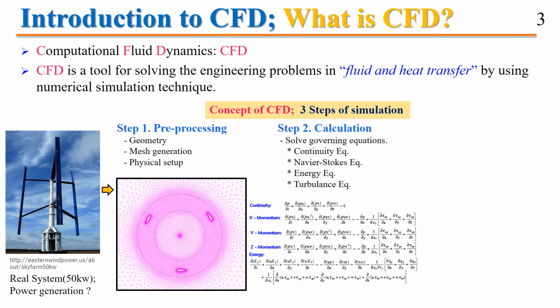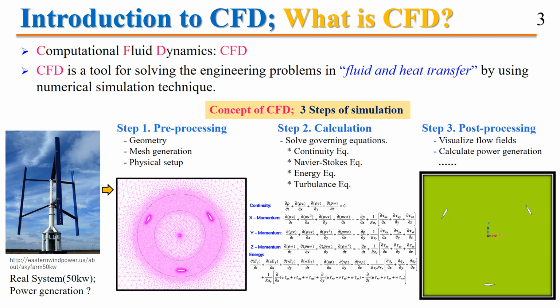After your calculation is finished, the final step of CFD is post-processing. You should show your results. For example, you can visualize the flow field, the velocity vector, streamline and pressure contour over your device.